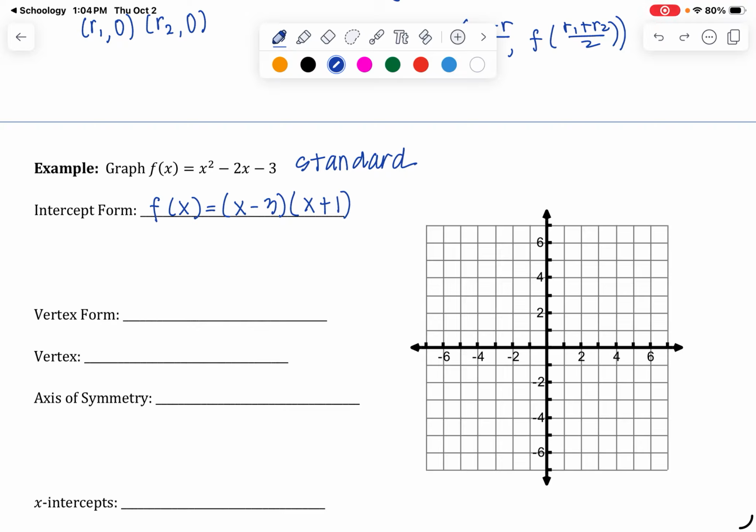So what you're going to do is take the function that we have up here, your standard form, f of x equals, and to complete the square, remember you're completing the square for your x squared term and your x term. So the question is what do we do with that -3?